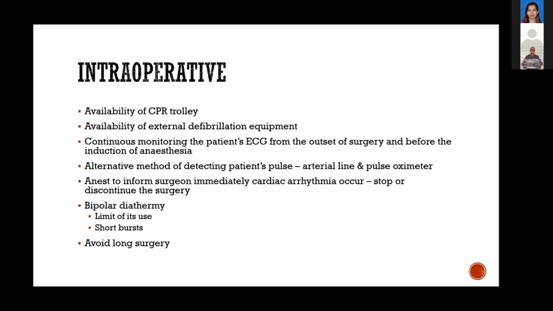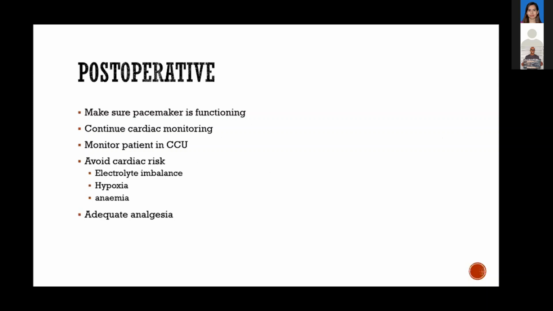If you use the monopolar, you must make sure you use it in short bursts, and try to limit it and avoid long surgery. Post-operatively, you must make sure the pacemaker is functioning after the surgery.